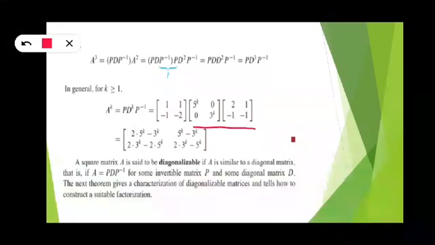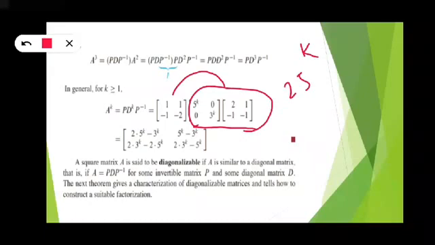Okay, so first we calculate this two-matrix multiplication, then do this process with 1, 1, minus 1, minus 2. First we write here, when we multiply these two, what comes is 2 into 5 power k, next 0 into minus 1 is 0, next 5 power k into 1 is 5 power k.